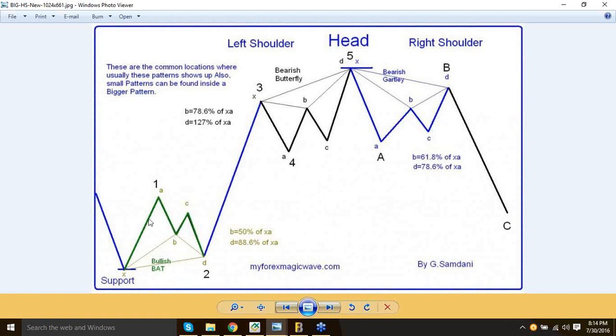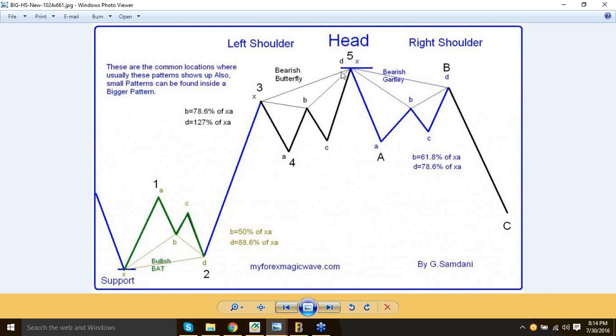So between wave 1 and 2, either a bullish bat or gartley can appear, and then you will see wave 3 coming in. And as it is ending after wave 3, between wave 4 and wave 5, it ends the impulse move by making most of the time either a butterfly or crab pattern.